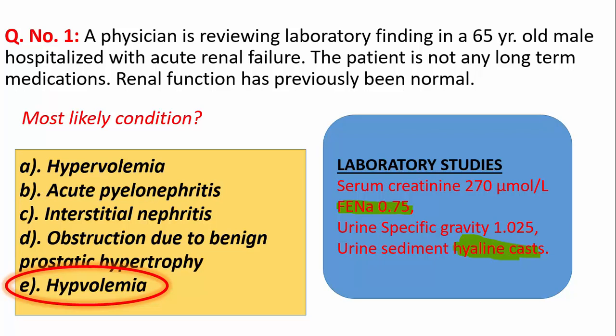If the blood urea nitrogen to creatinine ratio is around 1 to 10, it will be renal causes; if it is 1 to 20, it is pre-renal causes. Acute pyelonephritis will have WBCs or WBC casts in the urine, BPH will have other lab findings, and interstitial nephritis is a renal cause, so it will have FeNA greater than 1%.